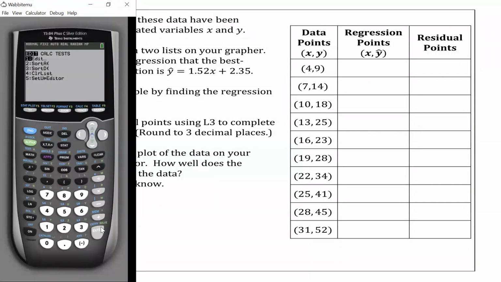Then we went to stat, edit, and now I wanted the calculator to do all the math for me, right? If I'm going to use this thing, I'm going to use it to its full capabilities. So I go to L3. In L3, I am saying I want all of my L1s to be plugged into my Y1. So I tell that by pressing alpha trace 1, and I want you to evaluate L1 for this function, which is second 1.